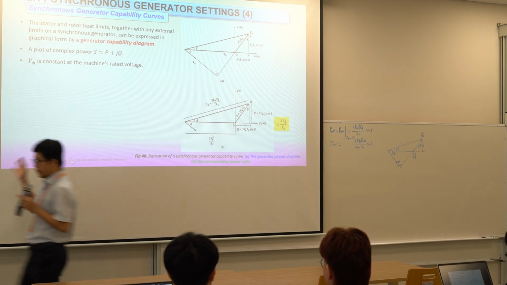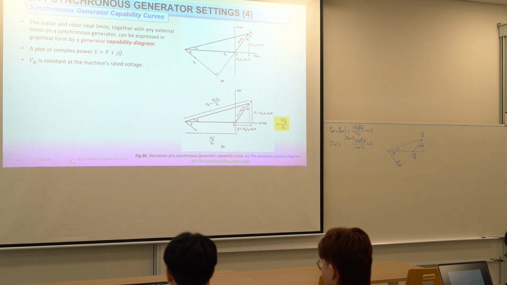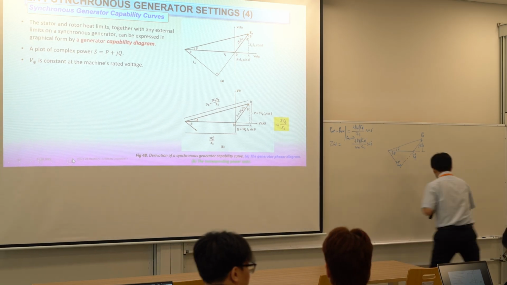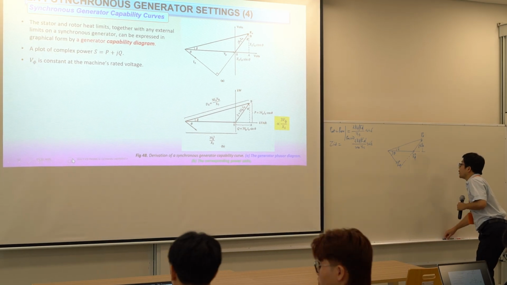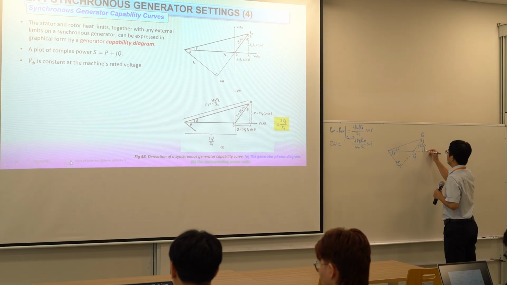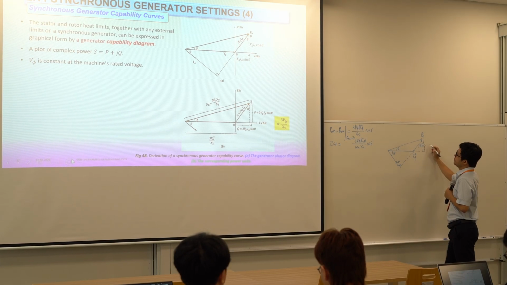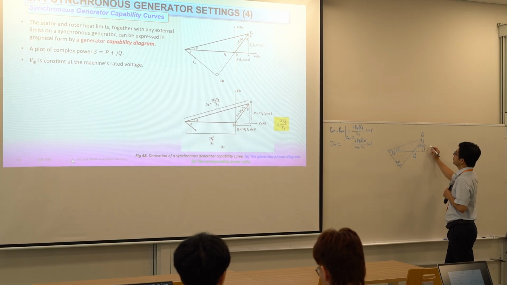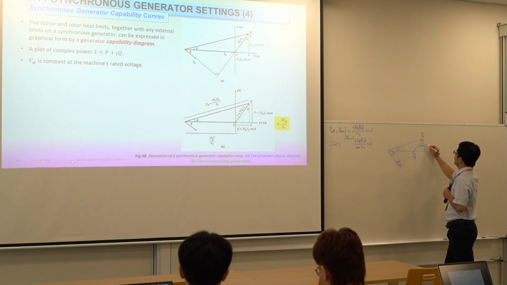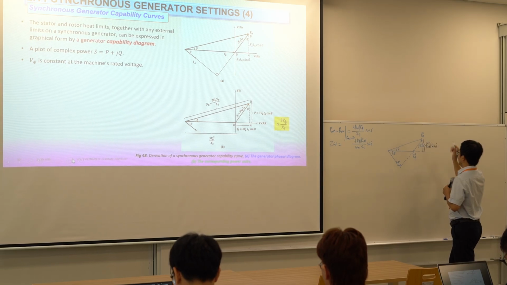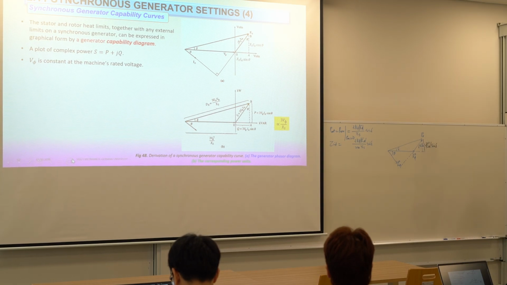Delta is the phase angle between EA and V phase. So now we consider this segment. This EA is at angle delta, so this one is EA times sine delta. Do you follow me?